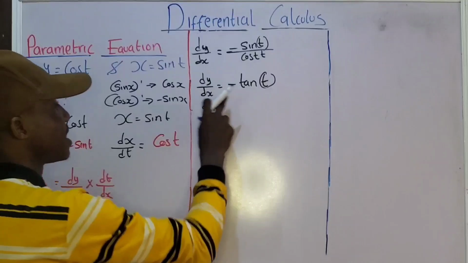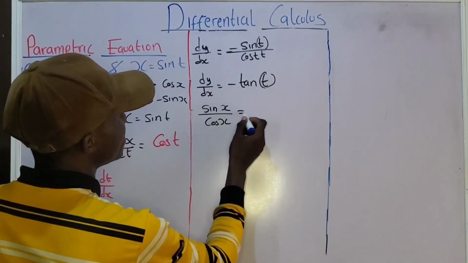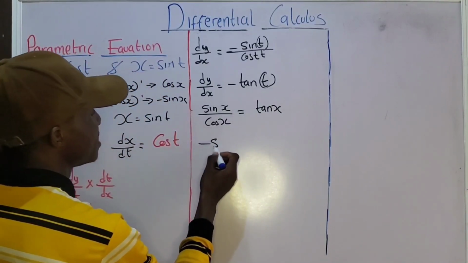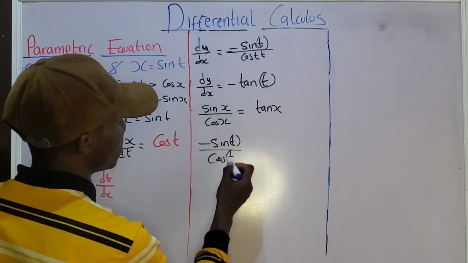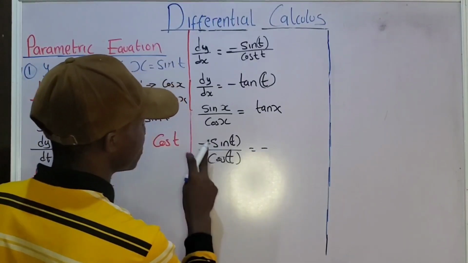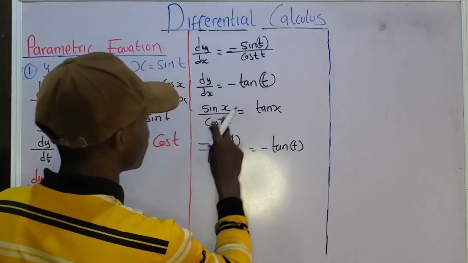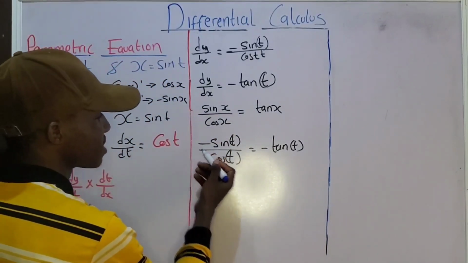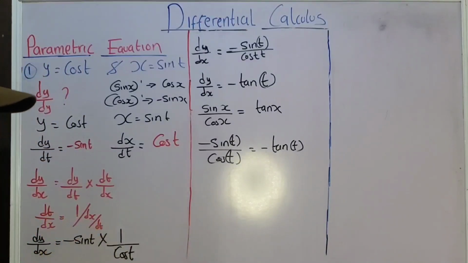The reason I have minus tan t is because sin t over cos t, just like sin x over cos x is tan x, is also tan t. But this negative sign is going to be present. Okay, so that is the solution to question number 1.